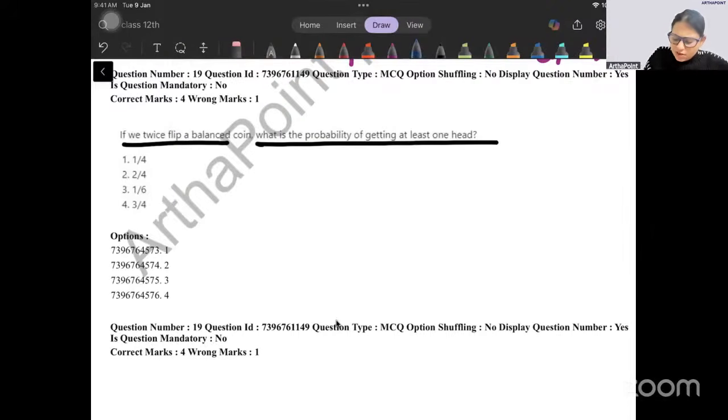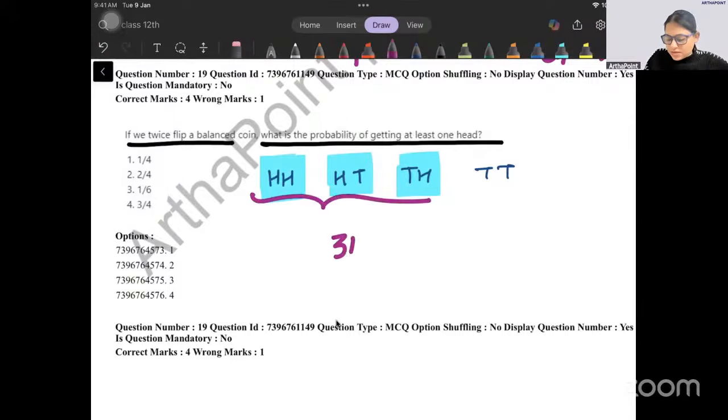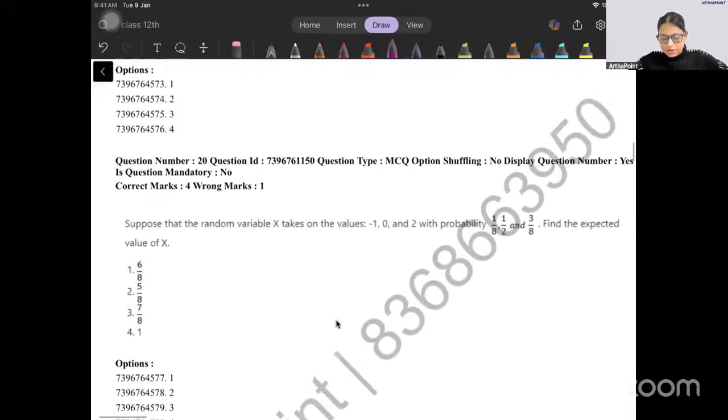So we know that there are only four options: HH, HT, TH, TT. At least one head means either one head or two heads. So three out of four. That's it. Right? So answer will be this. Okay. Come to the next one.